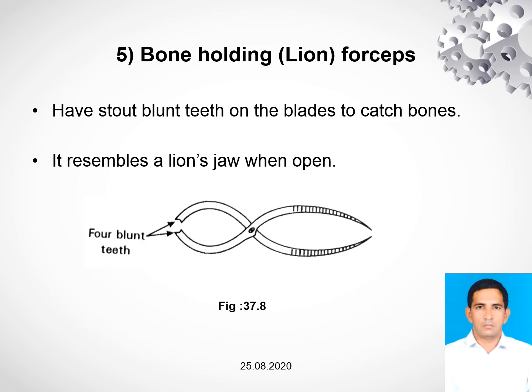The slightly curved handles make this instrument ideal for manual operation and manipulation. Bone holding forceps have short blunt teeth on the blades to catch bones. It resembles a lion's jaw when open.